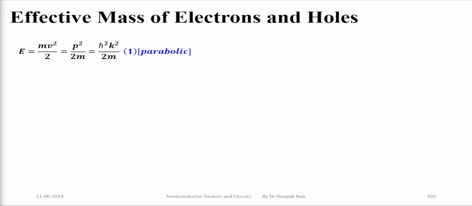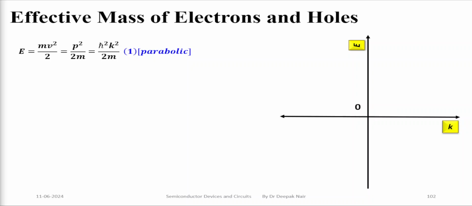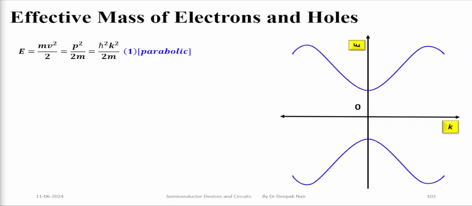And this equation is a function which is more or less parabolic in nature. So if we draw the Kronig-Penney model, we can see that we have a behavior along the E axis which is more or less parabolic. This function is nothing but the energy function.